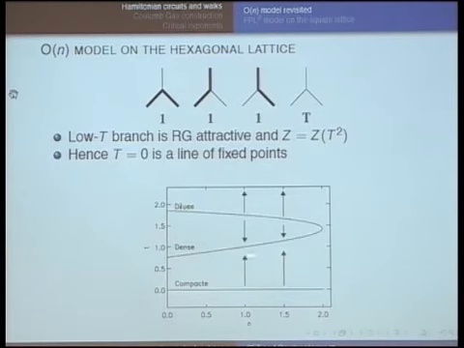There's a formula for this curve here, which is t squared equals 2 plus or minus the square root of 2 minus n, which was first found by Nienhuis.